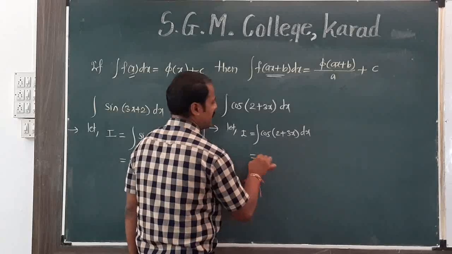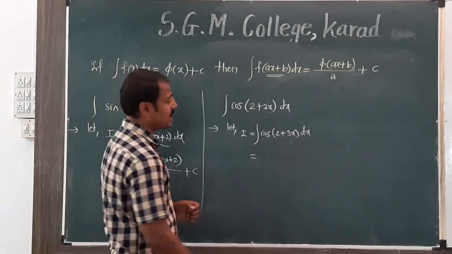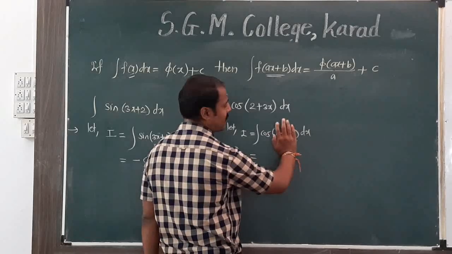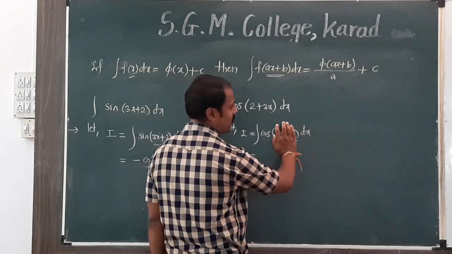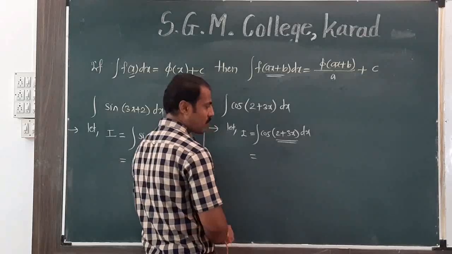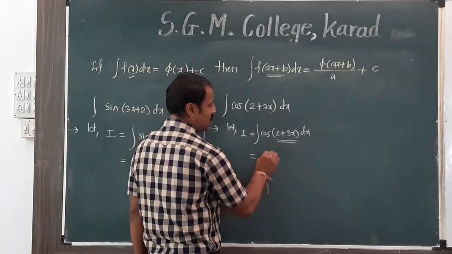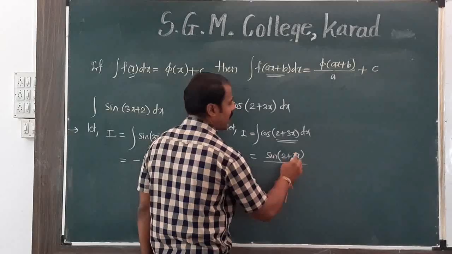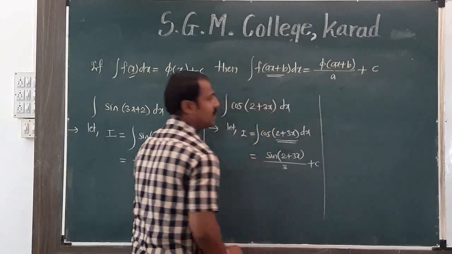Here 2 plus 3x is again a linear equation, so consider it as x. Then it looks like integration of cos x dx, and integration of cos x is sin x. So integration of cos of 2 plus 3x is equal to sin of 2 plus 3x divided by the coefficient of x, that is 3, plus constant of integration c.